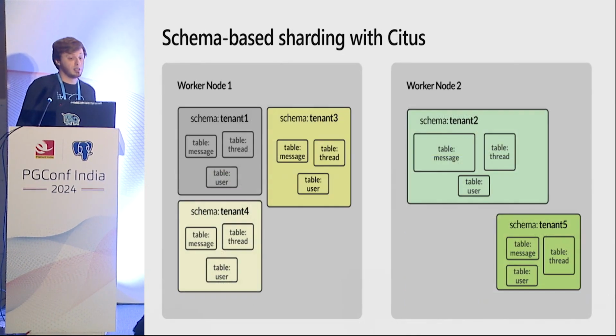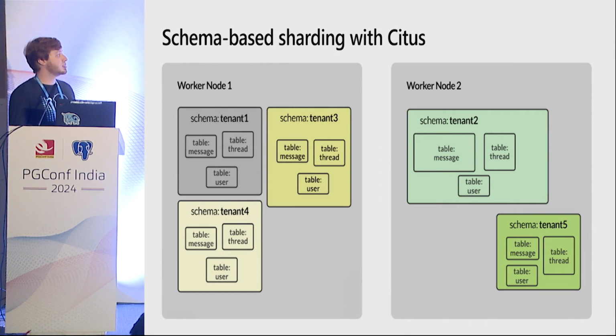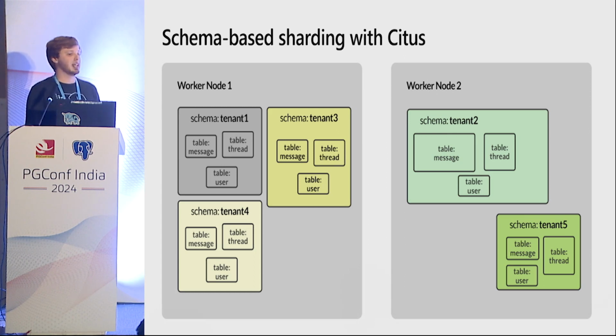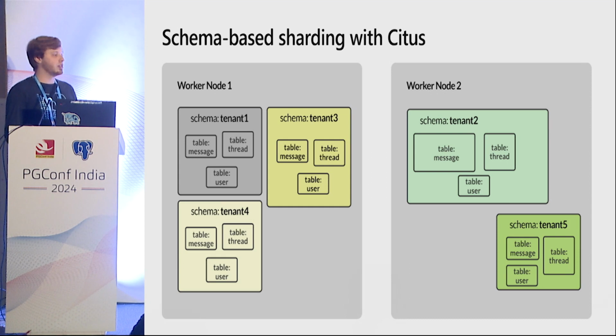There's another way though, and that's relatively new. It's about 1.5 years old in Citus, and that's schema-based sharding. From your application, you will actually see lots of tables, because every tenant has its own schema. A schema in Postgres is a way of grouping tables together with a common prefix. So if you want the data for tenant 1, you will query the table tenant1.message.